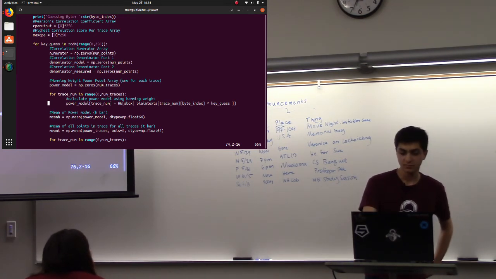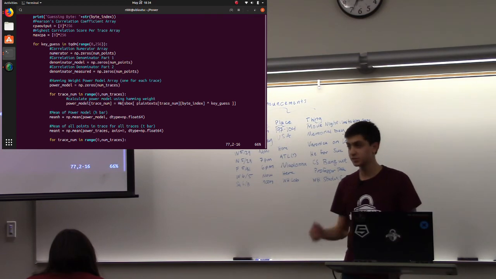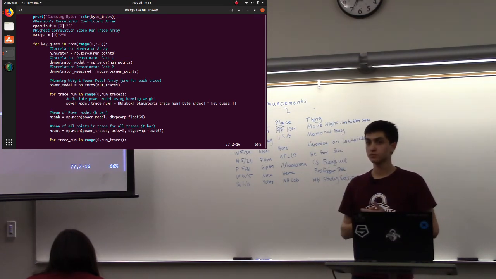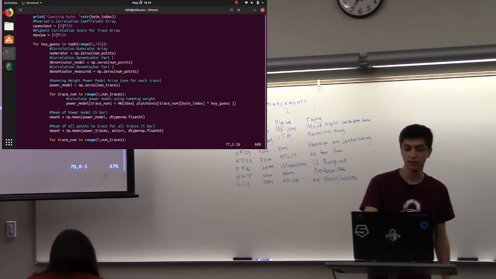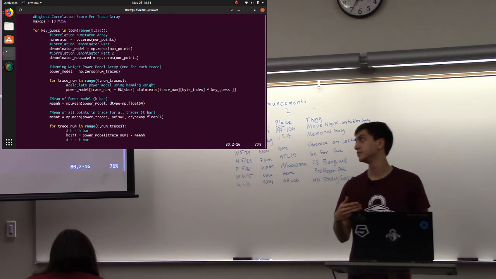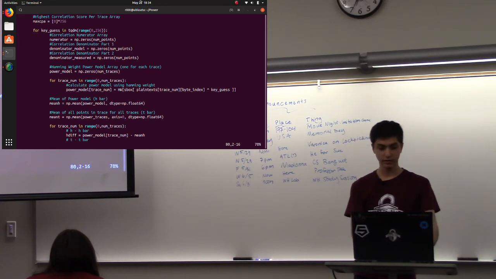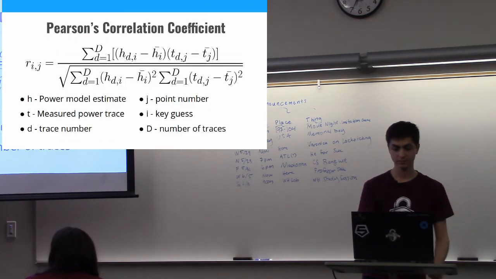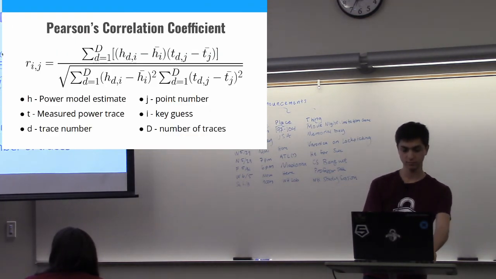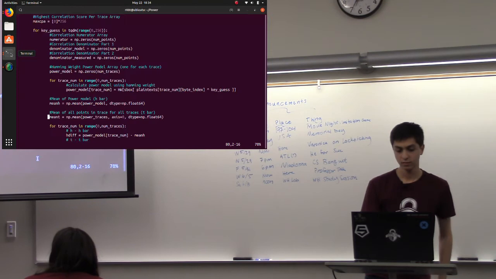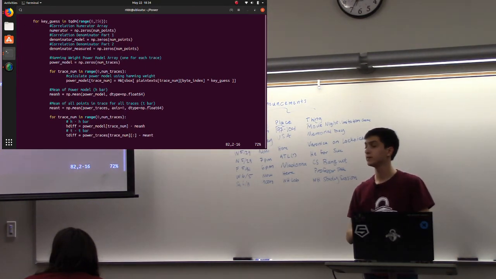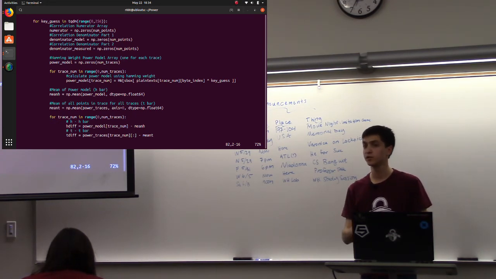So here we take the mean, which is the h bar, of our expected power usage. Then we take the mean of the points, which is the t bar, in that big equation right there. So for each key guess, go through each trace and generate your expected power model.